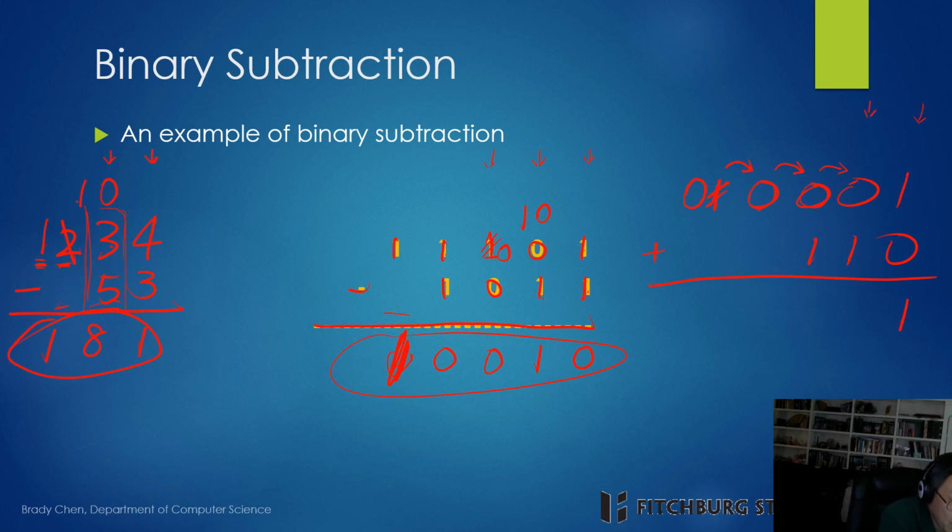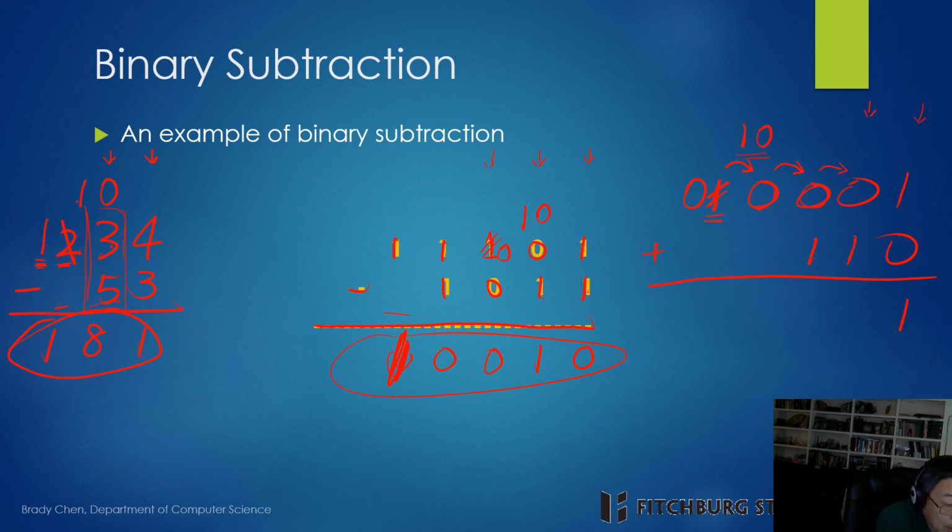So the 1 just borrowed from the next position over here becomes 10. Oh no, I'm sorry, it's not 10, it's 1 0, which is only 2. 1 0 means 2 in binary numbers. Now this 1 here represented 2 in the previous position.